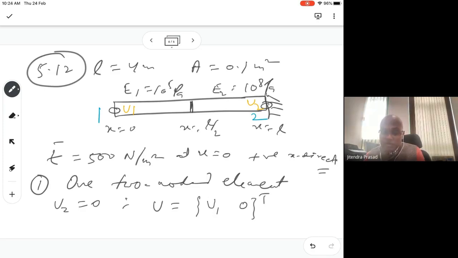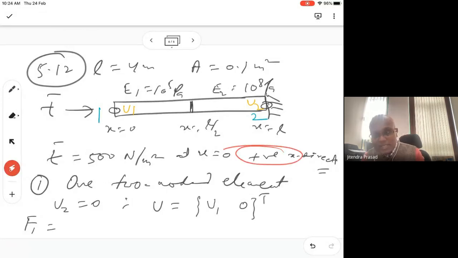Force, we don't have anything, but it says there's a T bar. This is a T bar, and this is the stress. Traction really means it's the stress. So F will be F1, which will be in the positive x direction. You don't have to even figure out what is the meaning of T bar.